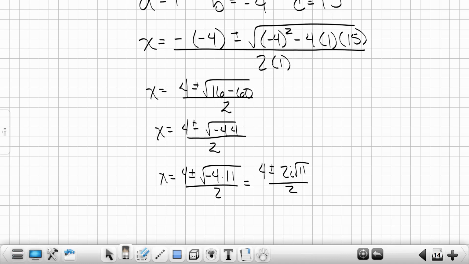So it divides into the 4, and it divides into the 2i square root 11. It doesn't divide into the 11. Please do not put the square root of 5.5. Only 2 divided by 2 is the i square root 11.